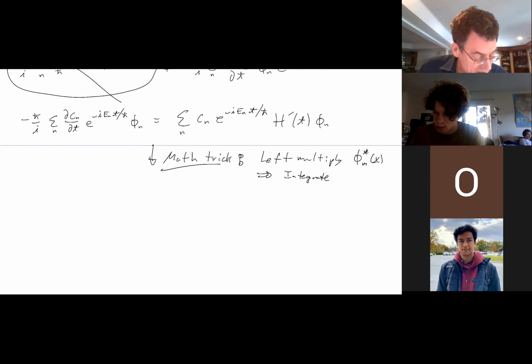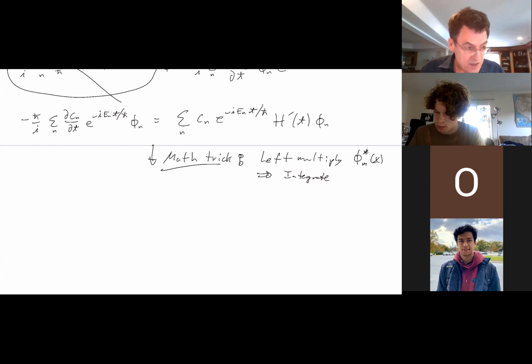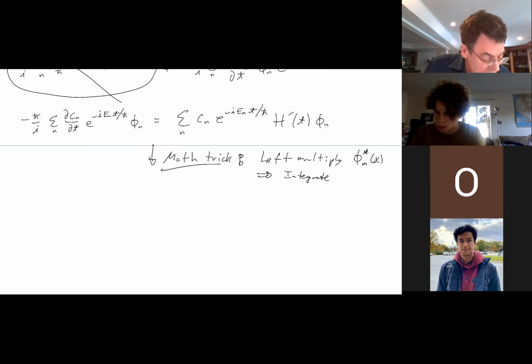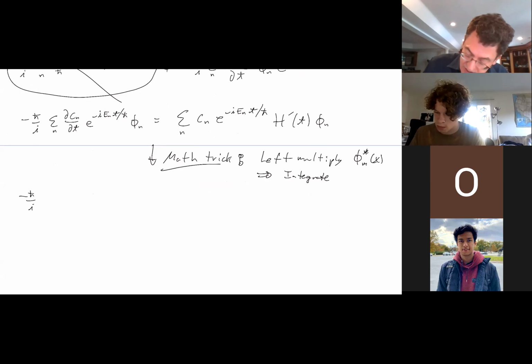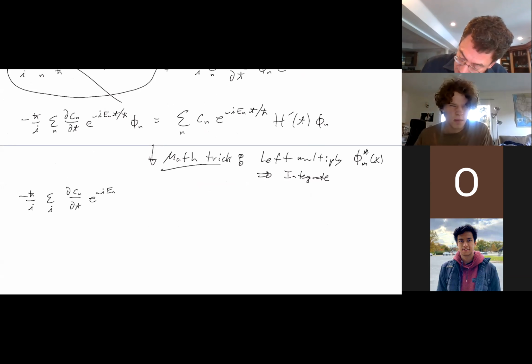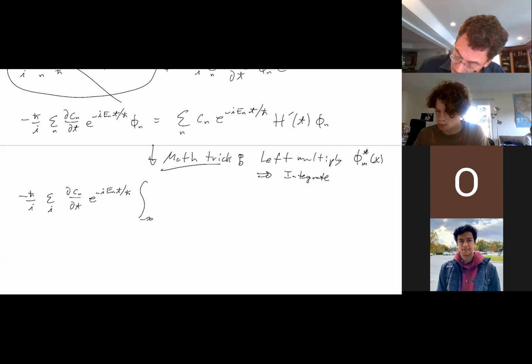And when you do that, you see that what's going to happen is you're going to get negative h bar on the left over i, the sum of dCn/dt e to the negative i En t over h bar, and this will be an integral from negative infinity to infinity of phi m star of x phi n of x.